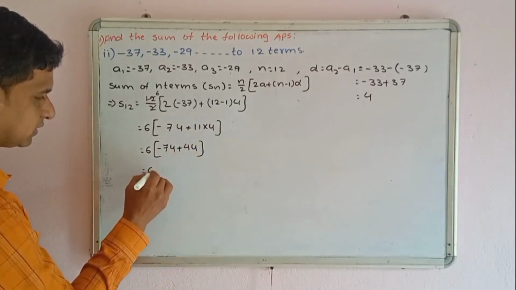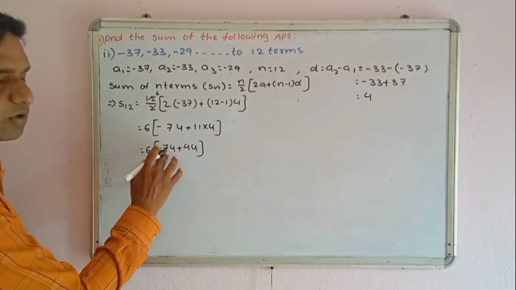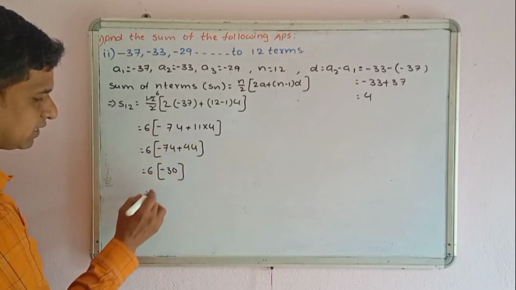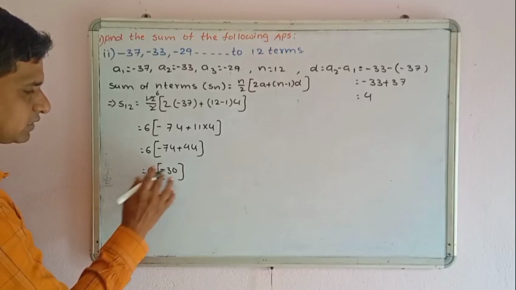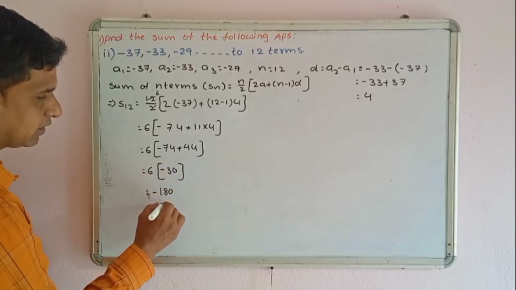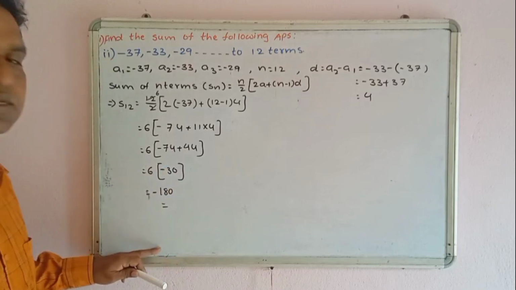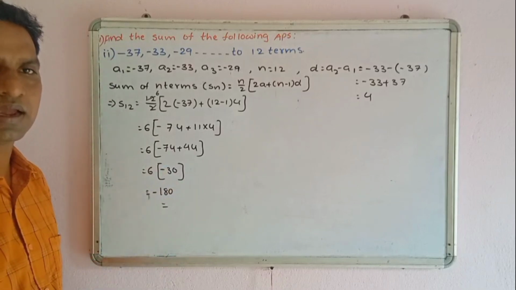So 6 into minus 74 plus 44 is minus 30. Keep the minus outside: 6 times 30 is 180. The sum of the first 12 terms in the above sequence is minus 180.